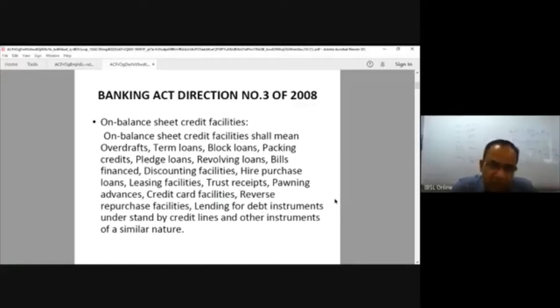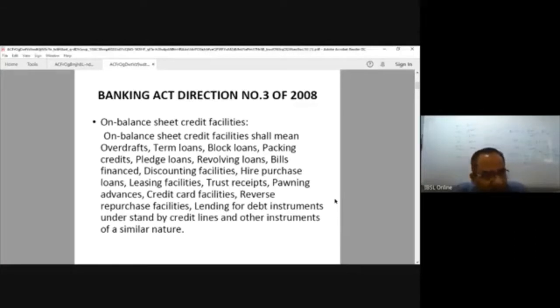So the on-balance sheet items, we normally say, what are the things which will come to the balance sheet? To the bank's balance sheet, you will find the things which we have funded, right? You will find all the assets, means whatever loans which we have given, which we have funded. Those are the on-balance sheet items.